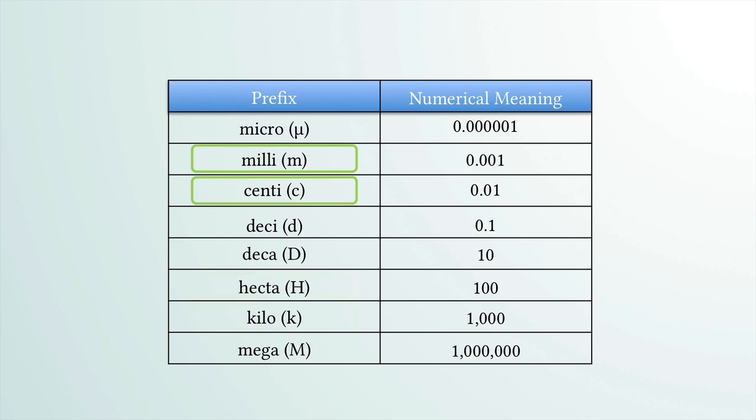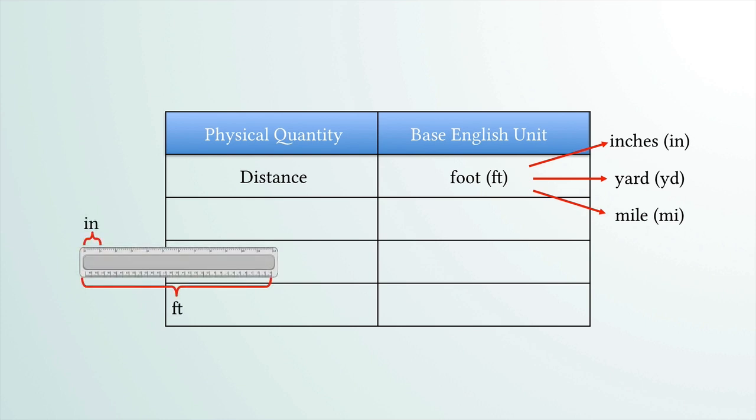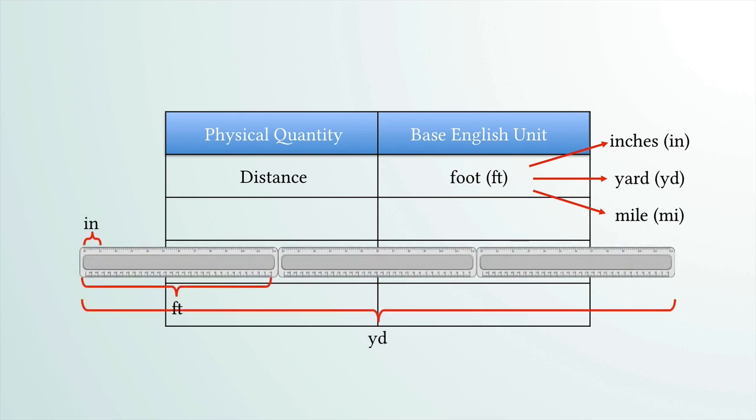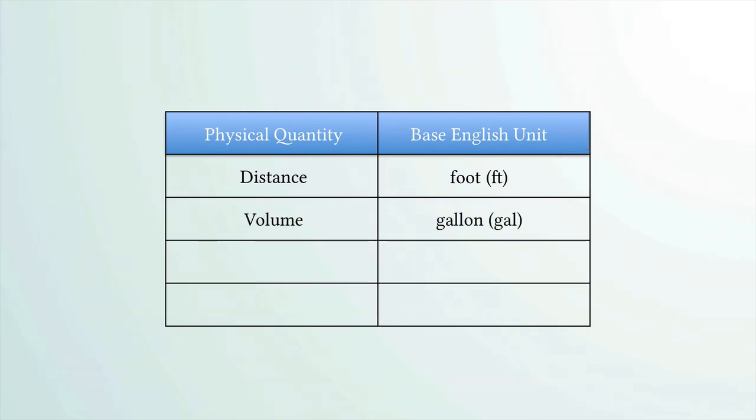Now let's go back to the English system. Each unit of distance measure is its own name, such as inches, feet, yards, and miles. Additionally, the relationships between the units are all different from one another. There are 12 inches in a foot, 3 feet in a yard, and 5,280 feet in a mile. But when we think of volume measurements in the English system, we have to deal with ounces, gallons, and bushels.